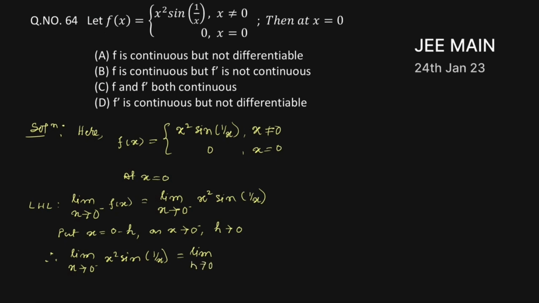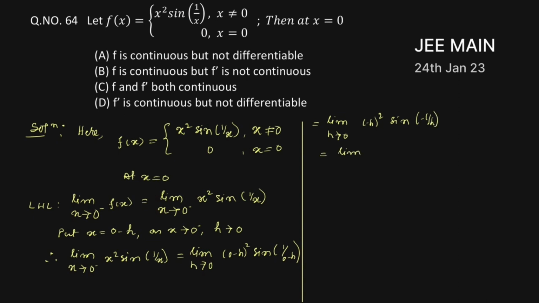In the place of x, we are able to write 0 minus h whole square sine 1 upon 0 minus h, which is equal to, we are able to write, limit h tends to 0 minus h whole square sine minus 1 by h, which is equal to limit h tends to 0 h square minus sine 1 by h.